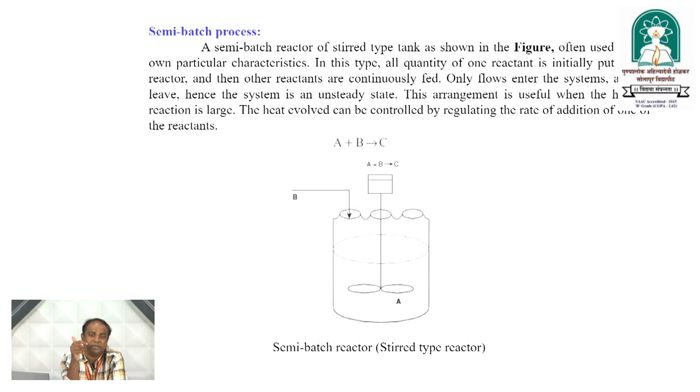Meanwhile, the feed material already present in the system reacts with the feed material flowing into it, and thereby a product may be formed, and this product is continuously discharged from the process. We call such processes semi-batch processes.